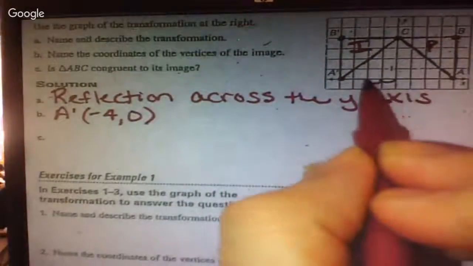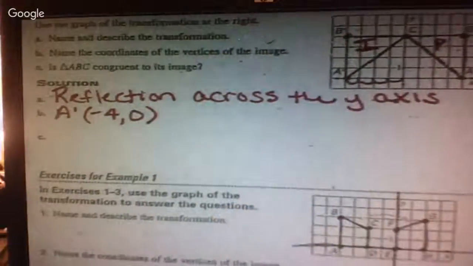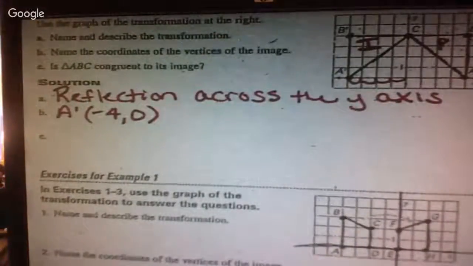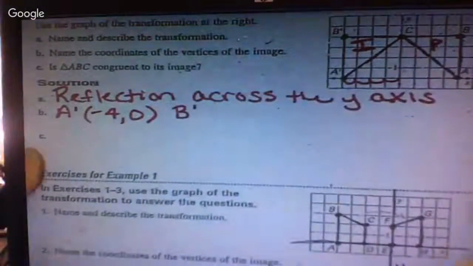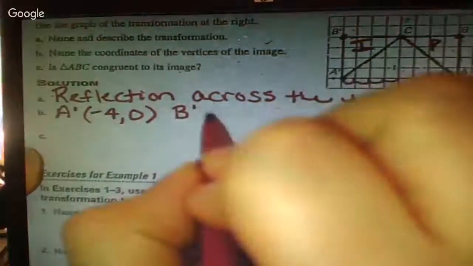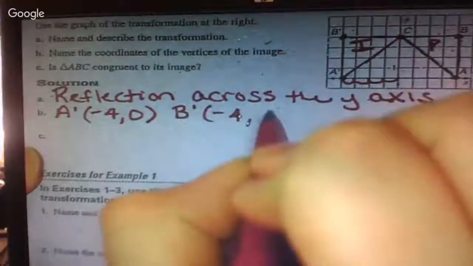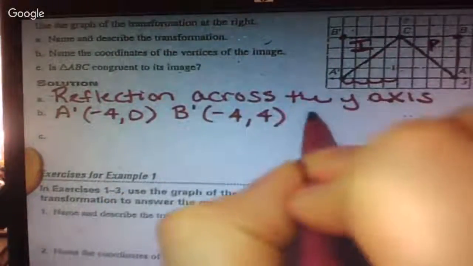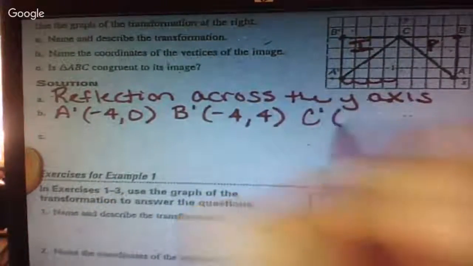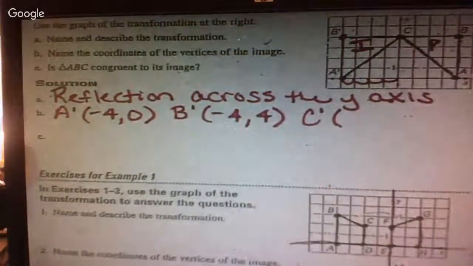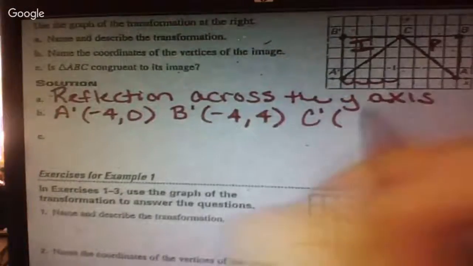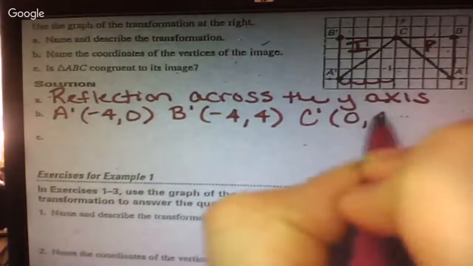It goes 1, 2, 3, 4 to the left, and it goes up nothing. Where is B prime? -4, comma, 4. And where is C prime? C prime and C are at the same point. So 0, comma, 4.